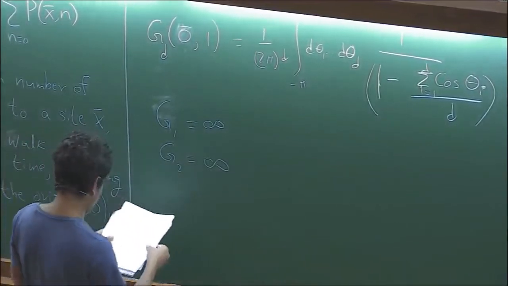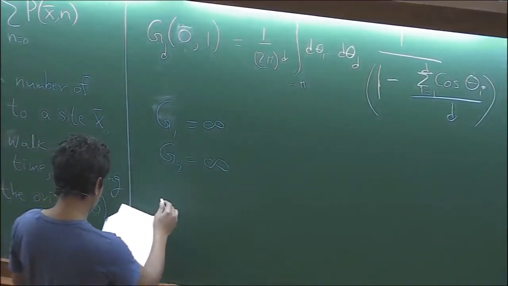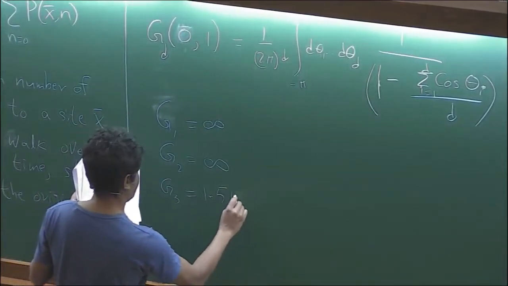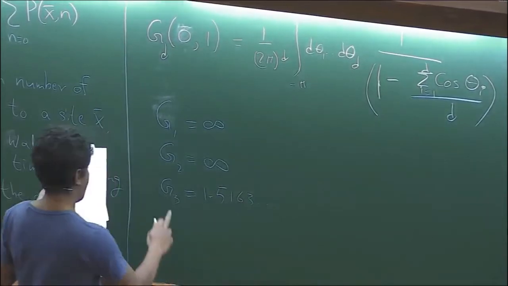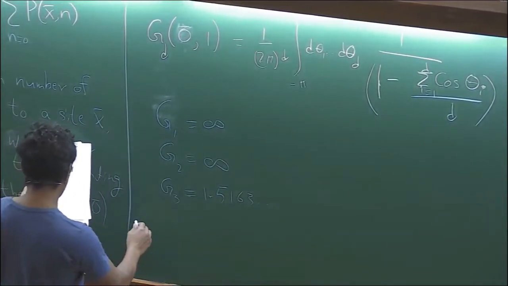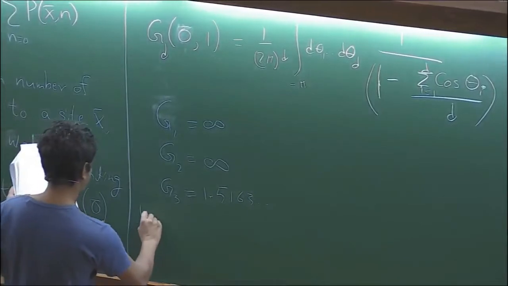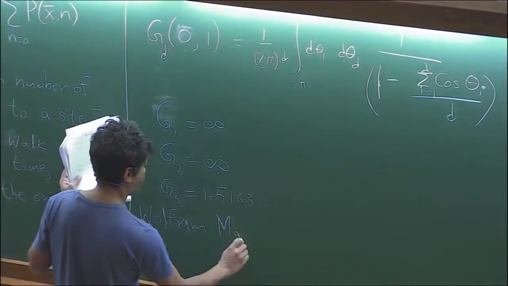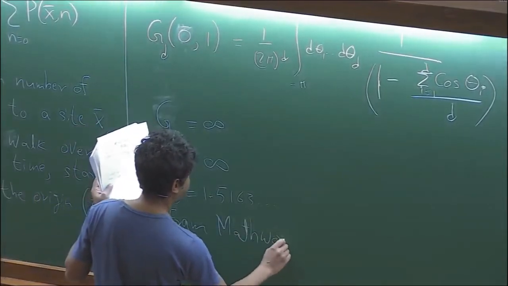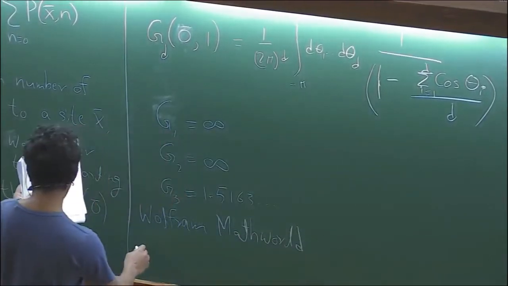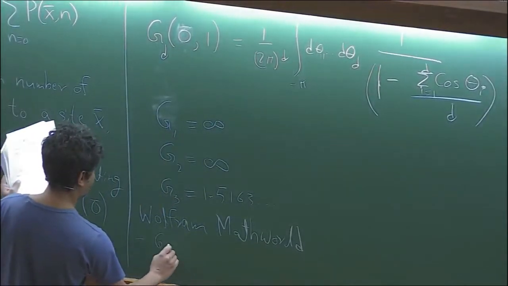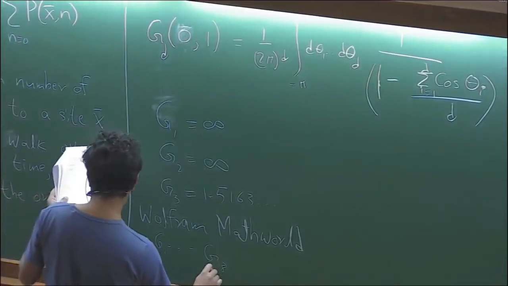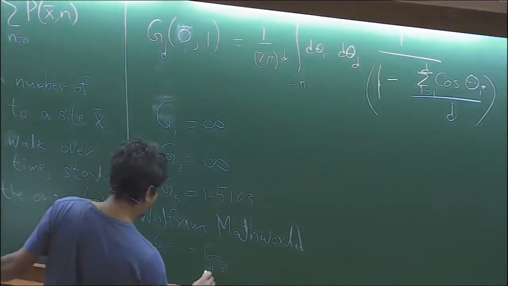So actually I found the number for g_3. If you look at a page in the paper, they list G_1 to G_8, and G_8 is already 0.07.